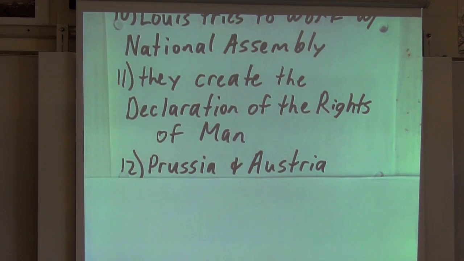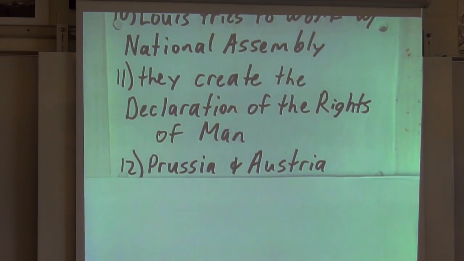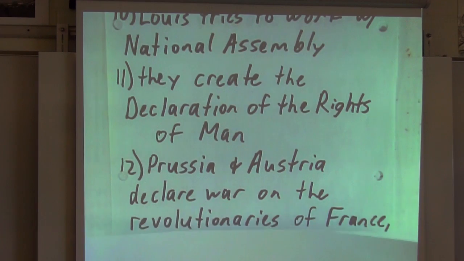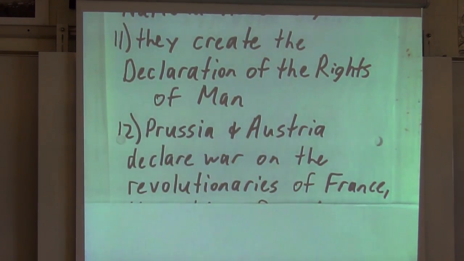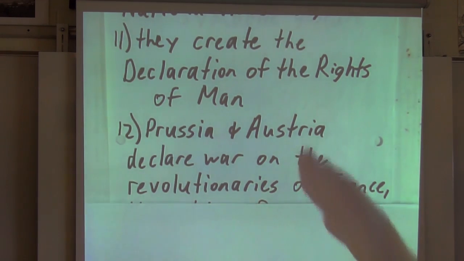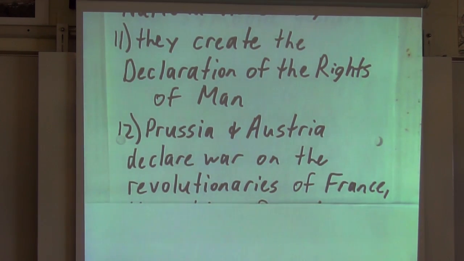The neighboring countries of Prussia and Austria, they declare war on the revolutionary government of France. Now, why would the King of Prussia and the King of Austria declare war on the revolutionary government of France? Well, I think you could probably figure this out.